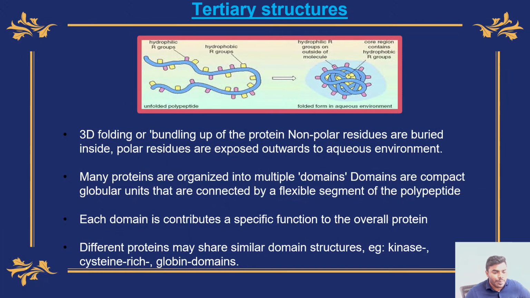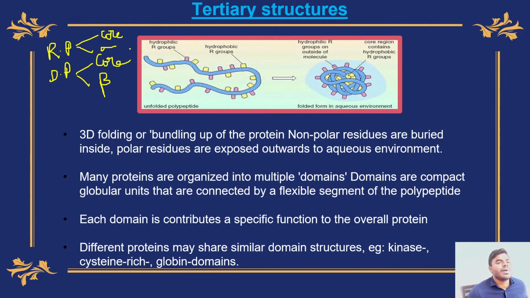Let's take an example, RNA polymerase enzyme. Let's take an example, DNA polymerase enzyme. DNA polymerase enzyme has a core subunit and it has a beta clamp. RNA polymerase enzyme also has a core subunit and it has a sigma factor. Now friends, you can say sigma factor is one domain, core enzyme is one domain. The core enzyme has a different function, the sigma factor also has a different function.